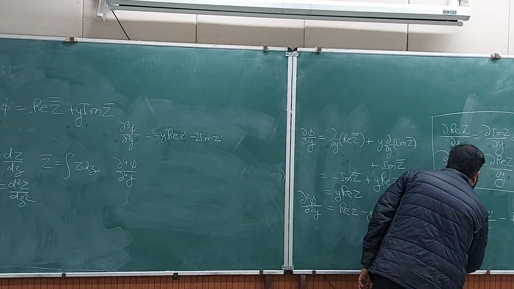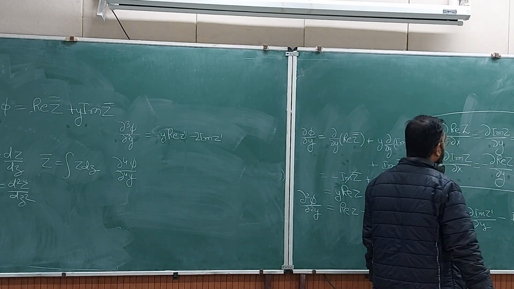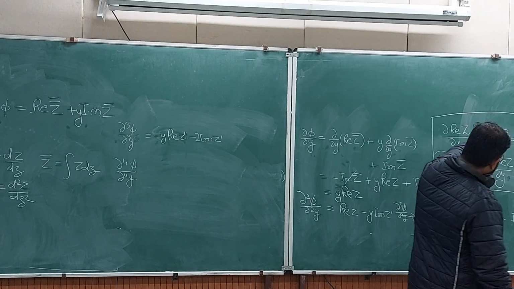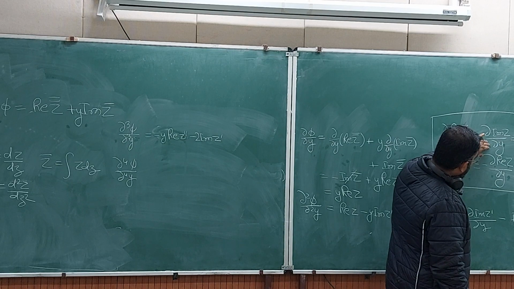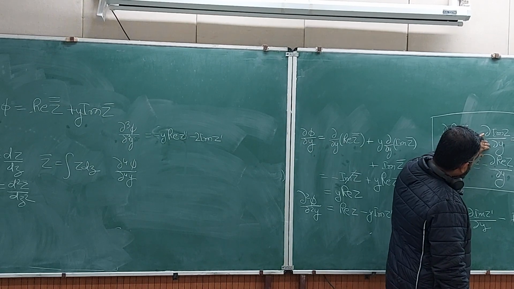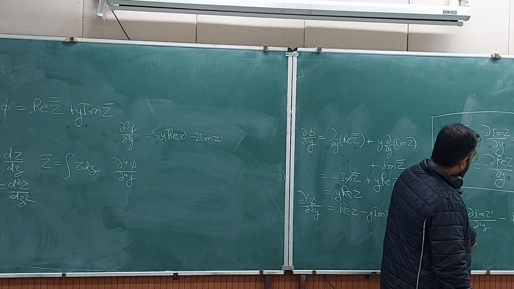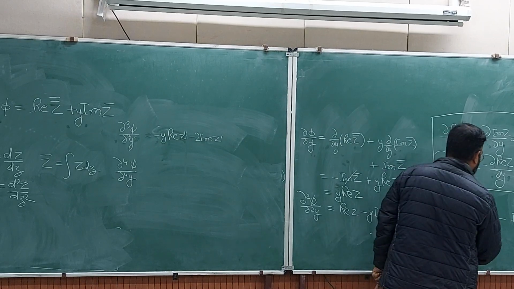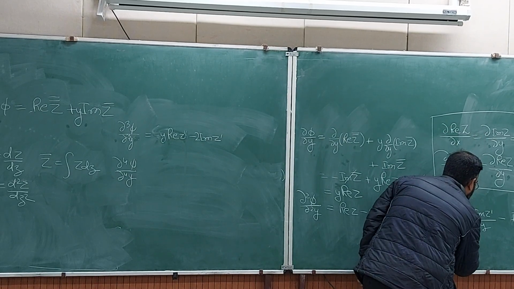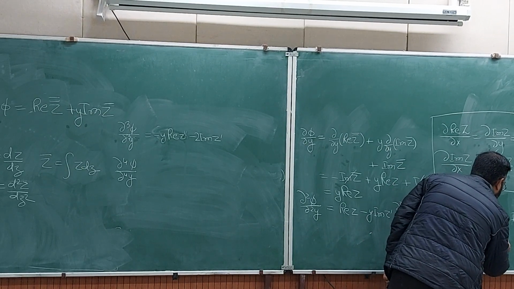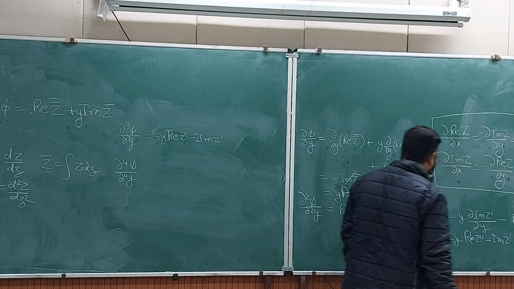And then we have negative of y, and del y of imaginary part is there. So this will be equal to the derivative of real part of z, so z dash, so z double dash, right? So real part of z double dash minus imaginary part of z dash. This is what we'll get.